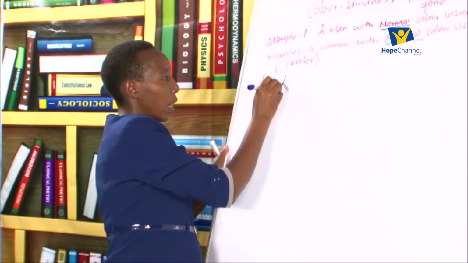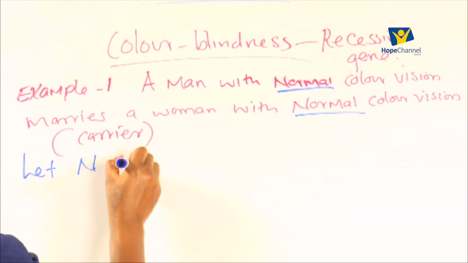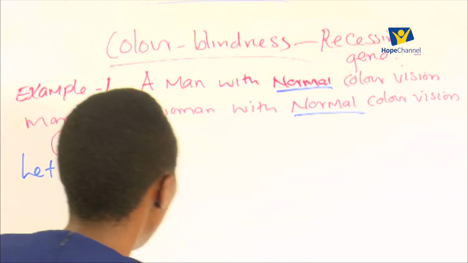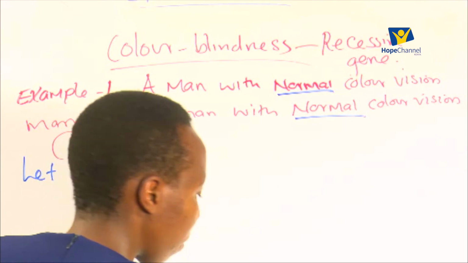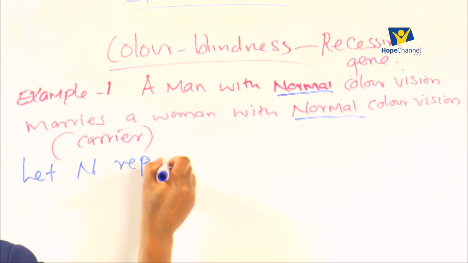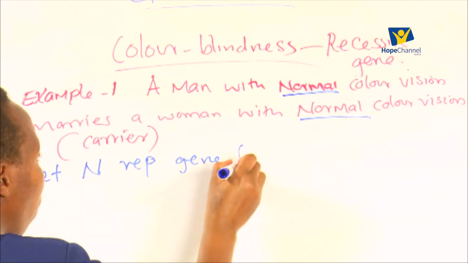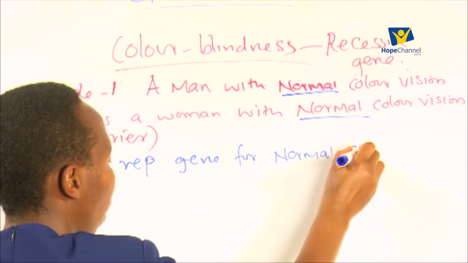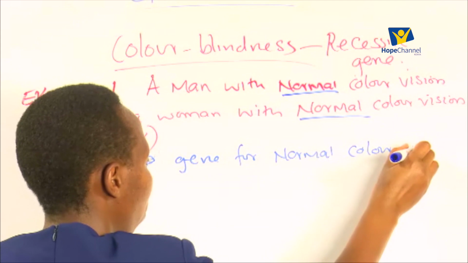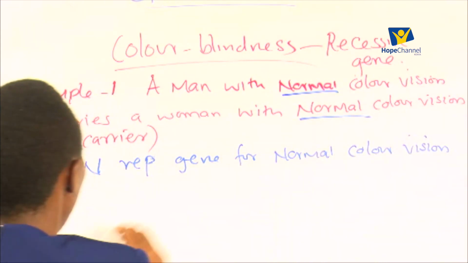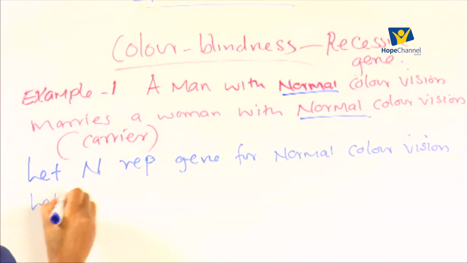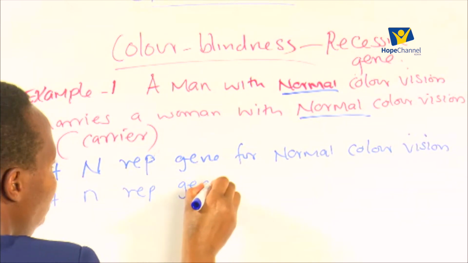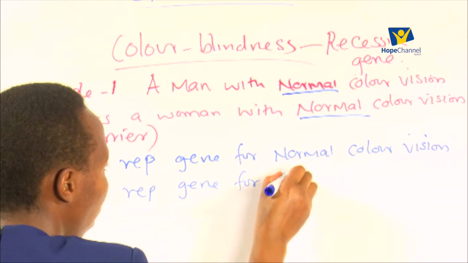So we let capital N represent the gene for normal color vision, and we let small n represent the gene for color blindness.